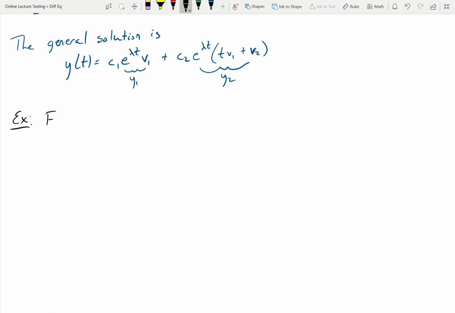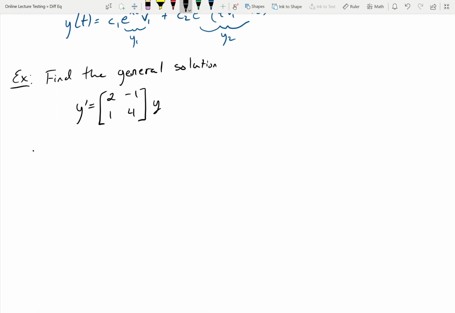So I want to find the general solution of y prime is equal to the matrix 2, negative 1, 1, 4, and y. All right. So first of all, we need to find our determinant.